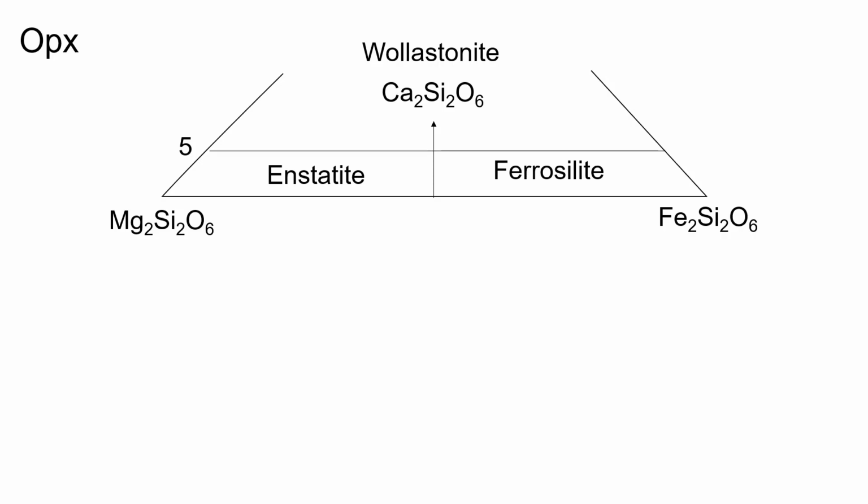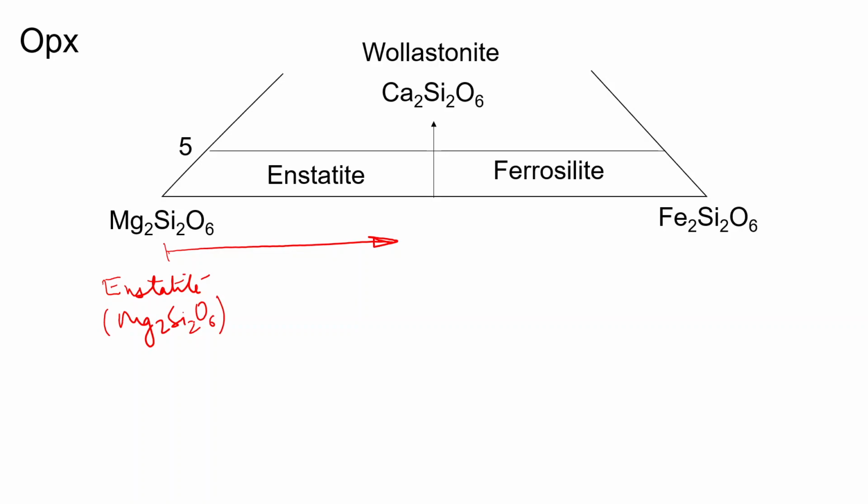Mg2Si2O6 and Fe2Si2O6. Here you should keep in mind that once replacement starts to happen, for example from this field of Mg2Si2O6, if the composition starts going towards Fe, it means Mg is now being replaced by Fe. So what will happen? We have enstatite, which is Mg2Si2O6.